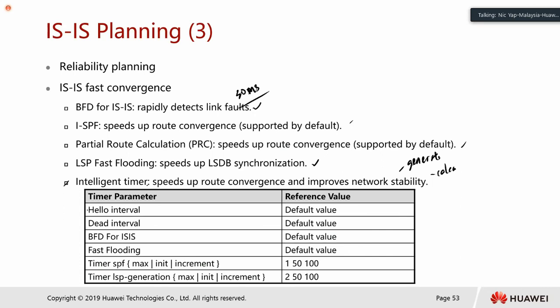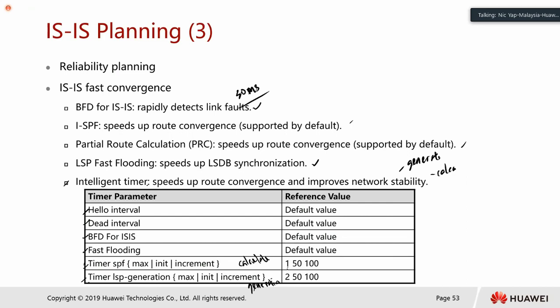So hello interval, BFD for ISIS, fast flooding, timer for SPF, and timer for LSP generation. This one is meant for calculation, and this one is meant for generation. That's the difference.